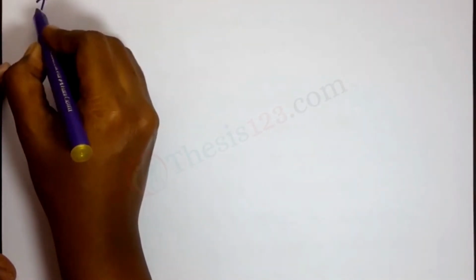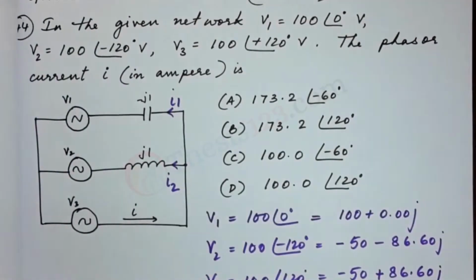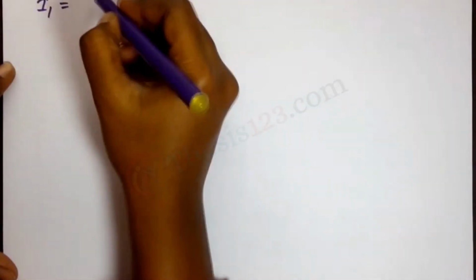So I1, from the figure here, can be found as V3 minus V1 divided by the capacitance over there, written as minus J1. So that's the reactance, right? We will have to write that down.